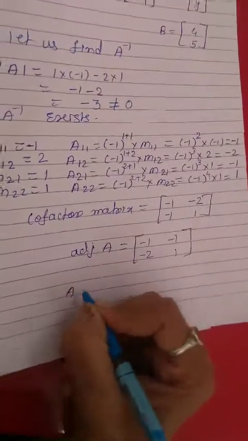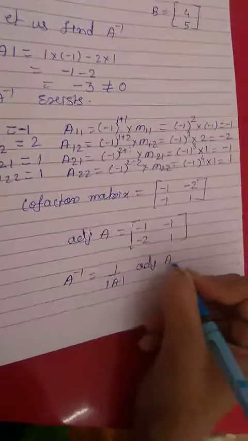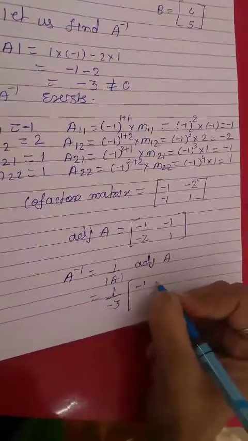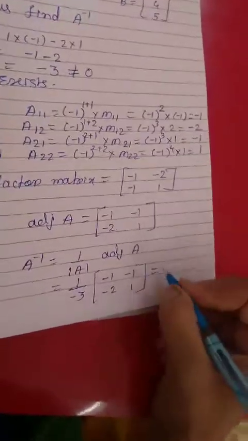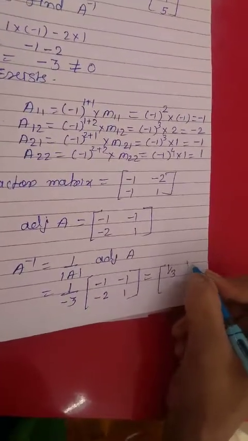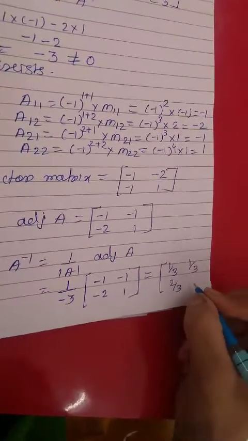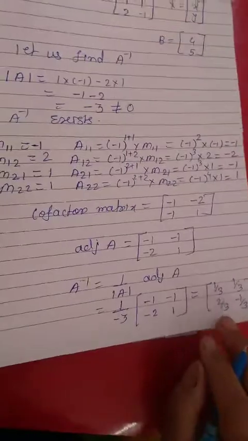Now A inverse is equal to 1 by mod A into adjoint A. So mod A is -3. Now this is -1, -1, -2, 1. So the value of A inverse is 1 by 3, 1 by 3, 2 by 3, and -1 by 3. Now this is the value of A inverse.